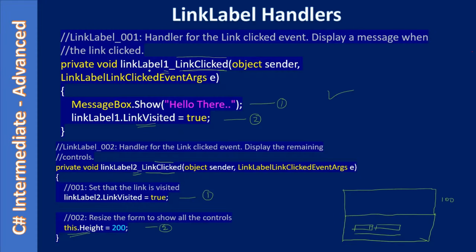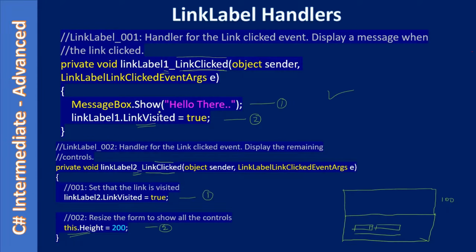If you see here, just like the button, we are handling the link clicked. Usually you can use this link clicked to display a hyperlink, and you can visit a website using this link label control.